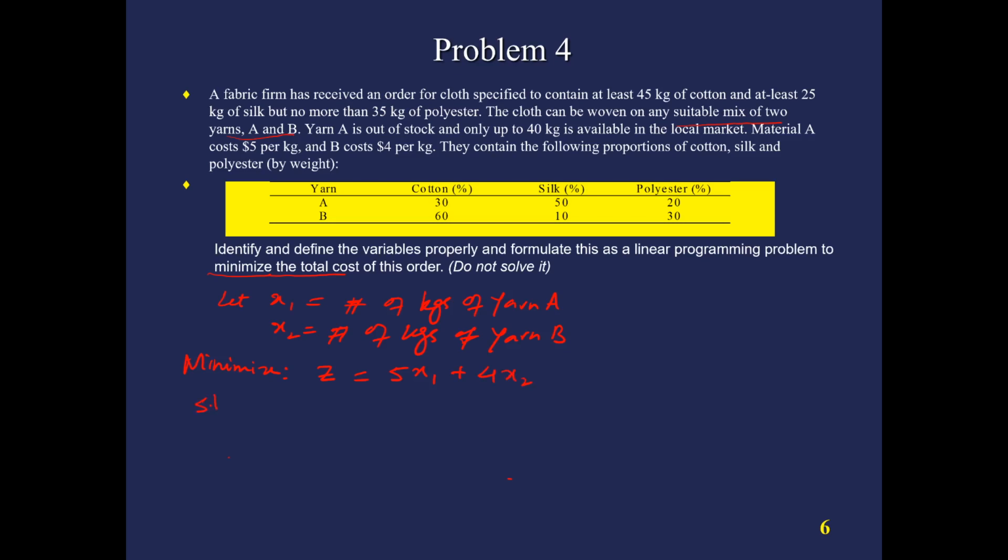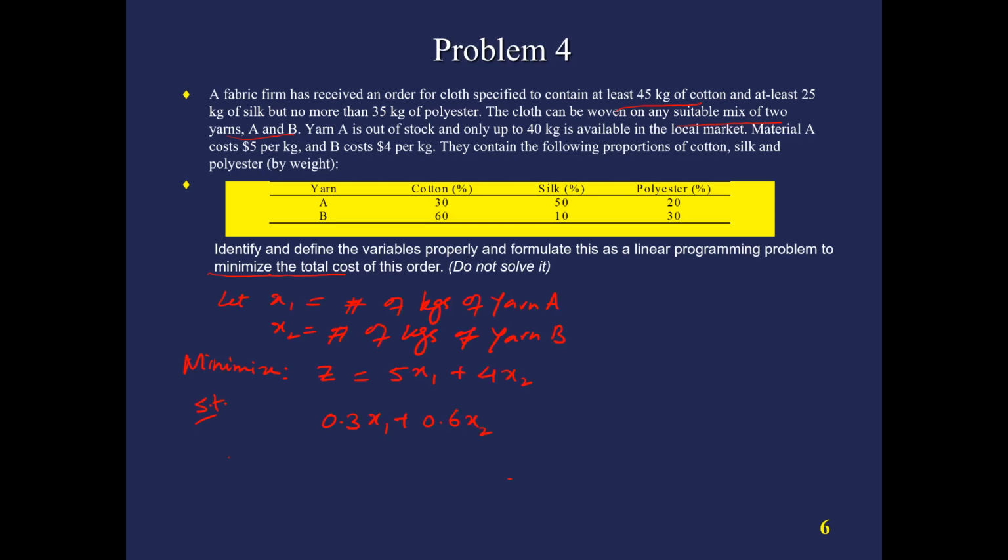Subject to, now three constraints are clear. We have cotton constraint, silk constraint and polyester. By weight each is given, 30% by weight. So it is actually cotton. So if we say 0.3 x1 plus 0.6 x2, and it says this is cotton, should be at least 45 kilograms of cotton.